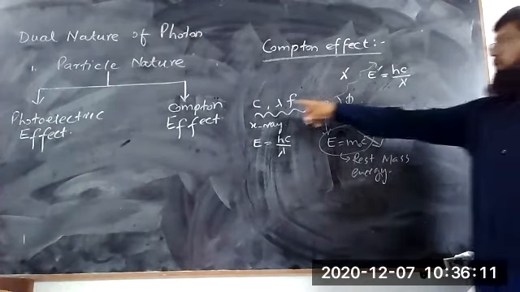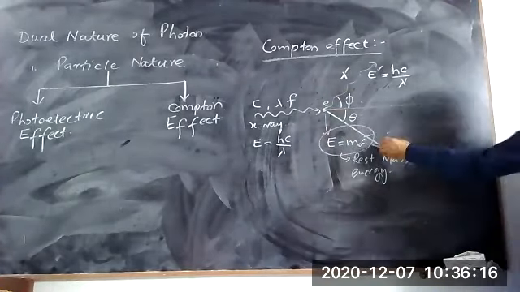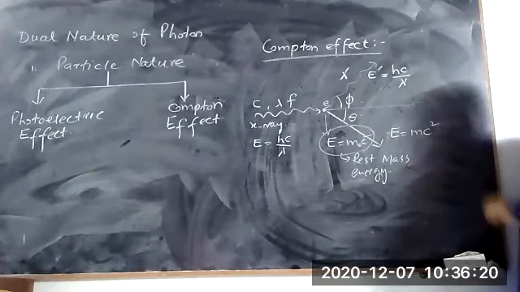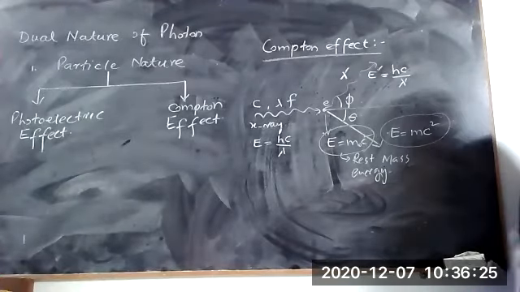When the photon transfers energy to the electron, E is equal to mc square, and this energy is known as the relativistic energy.